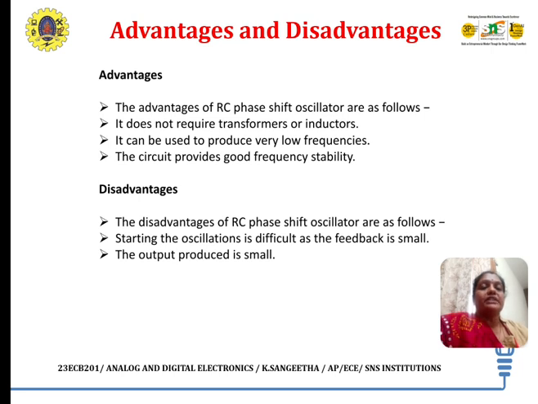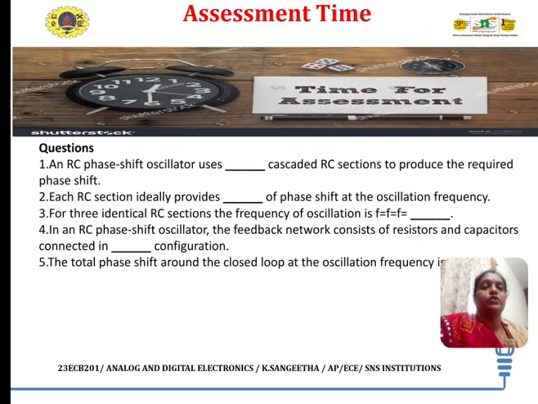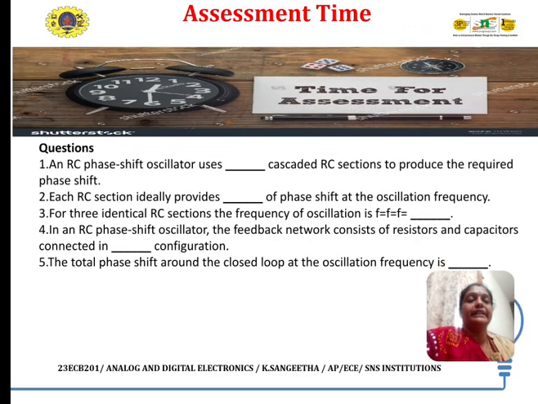The disadvantages are that starting of oscillation is difficult as the feedback is small, and the output produced is very small. These are the advantages and disadvantages of RC phase shift oscillator. Hope this video will help you to understand what is RC oscillator, why we need RC oscillator instead of LC oscillator, and the working condition of RC oscillators.